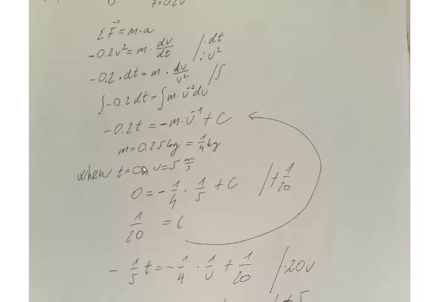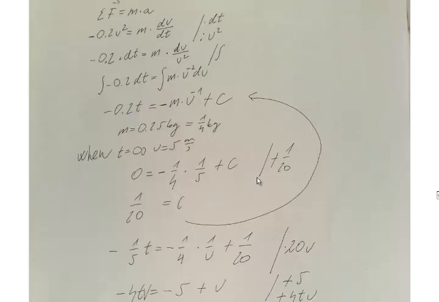We subtract these values here, and after add 1/20 we get the constant, and we can substitute this here back.